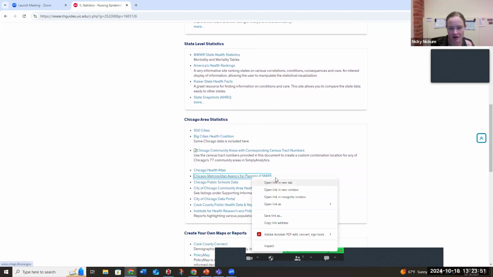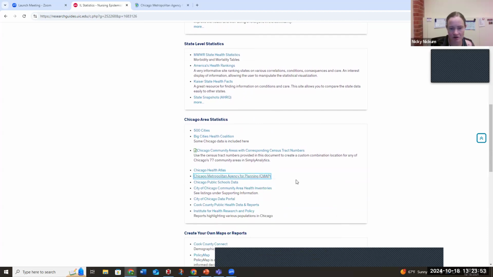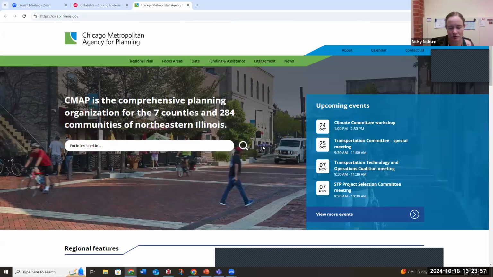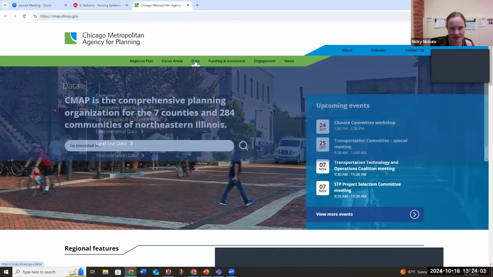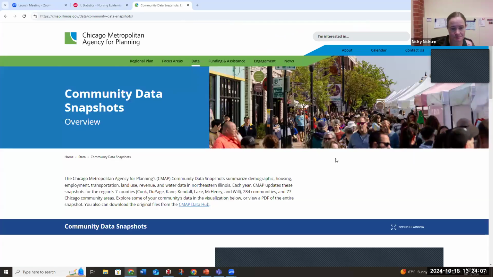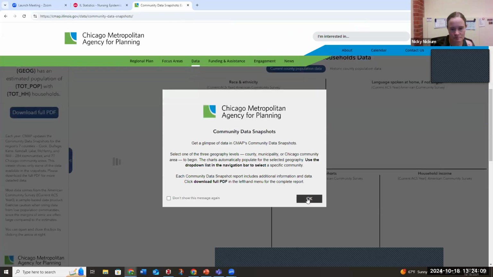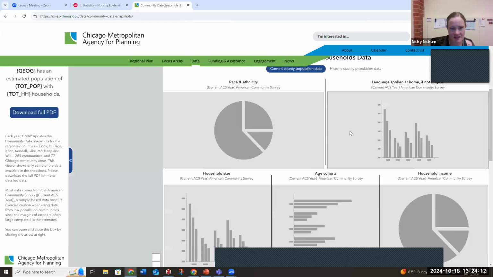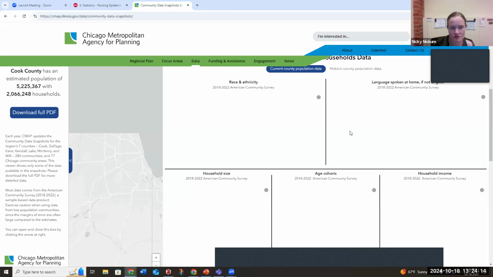Okay, I want to highlight CMAP, or Chicago Metropolitan Agency for Planning. So this has not only the neighborhoods, but also the municipalities. So go to CMAP, data, community data snapshots. Okay, this may take a little while to load.